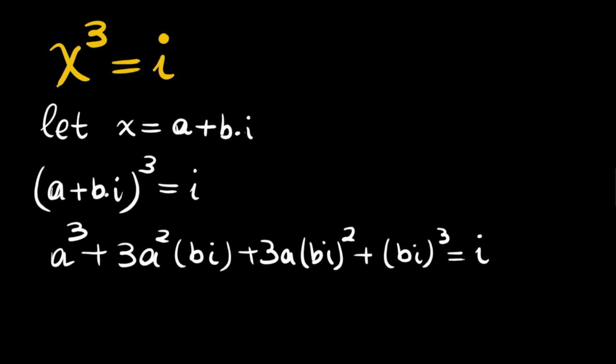There's a lot of work here actually. Then simplifying, we will have a cubed plus we have 3a squared bi here plus this (bi) squared is b squared i squared.